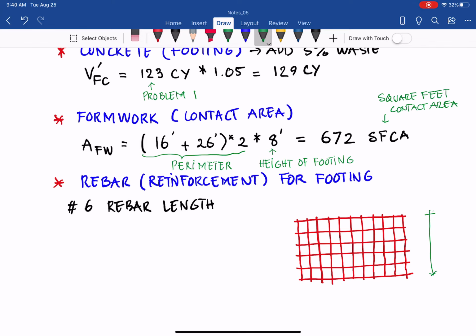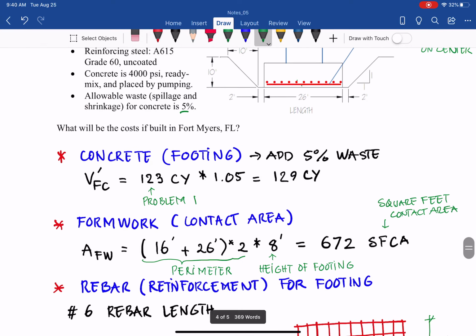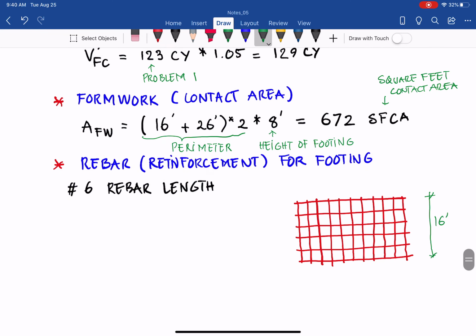This goes on the side 16 feet for one side, and the other side 26. Everyone see that? Then for the length of 26 with the horizontal bar, the length is 26 feet times the number. How many do I need?